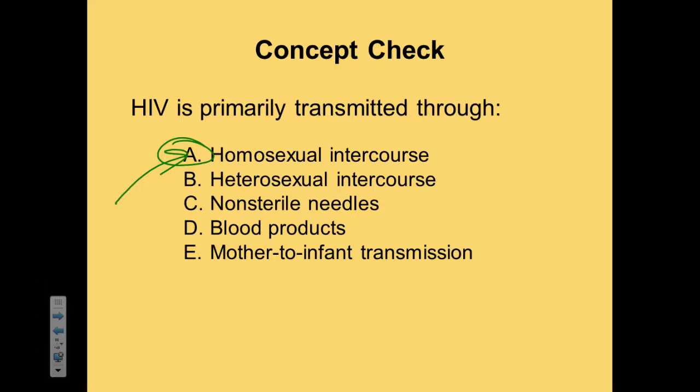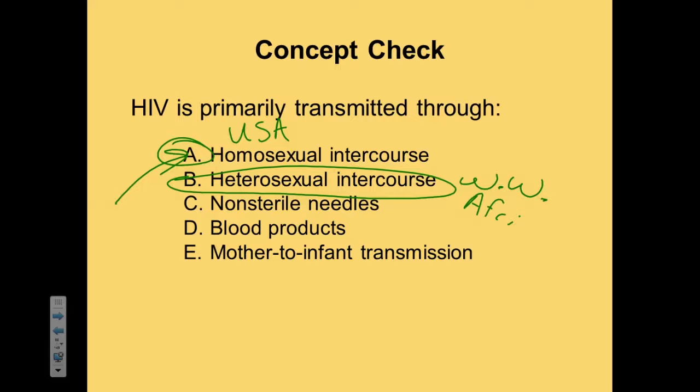But the single largest source of transmission is with homosexual intercourse within the United States. Worldwide, so we'll say WW for worldwide, the most common mode of transmission is heterosexual intercourse, and this is primarily in the continent of Africa.